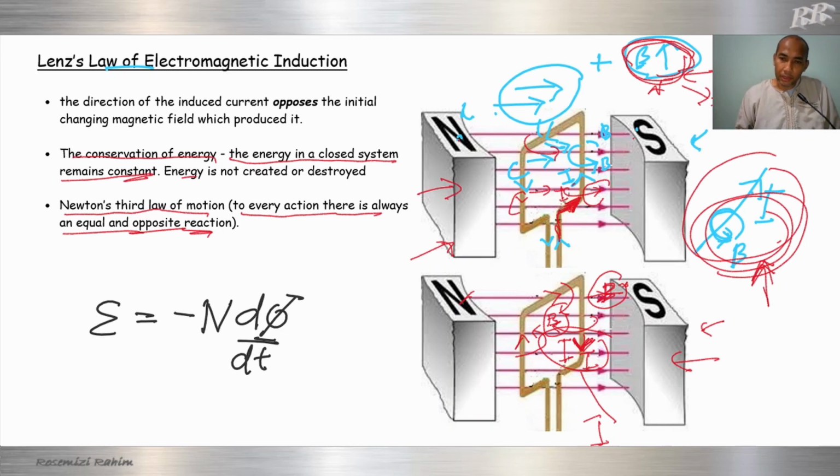This induced current is created by this magnetic field from the permanent magnet. However, this current is against this magnetic field. That's why there is a negative here.